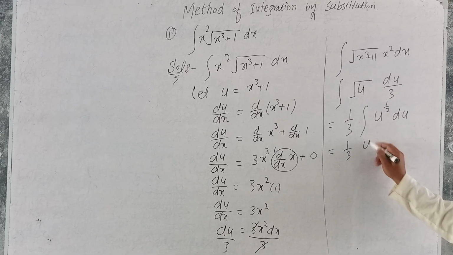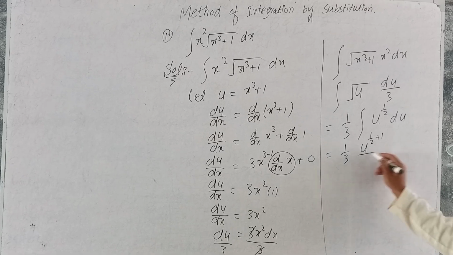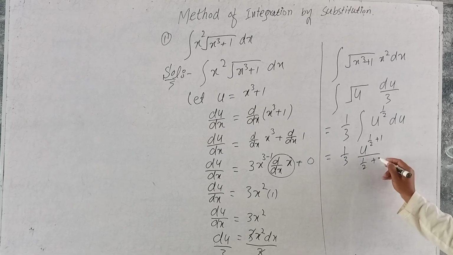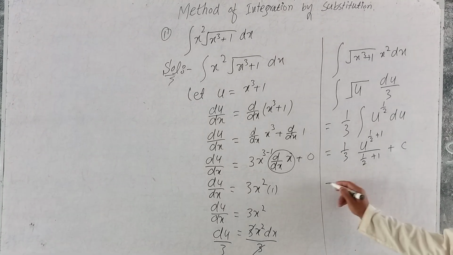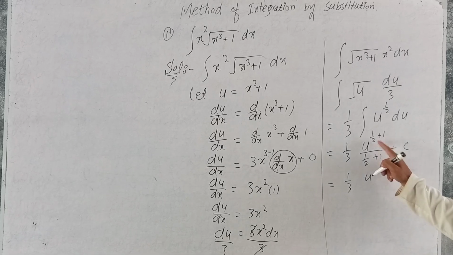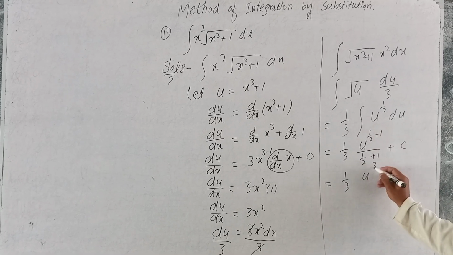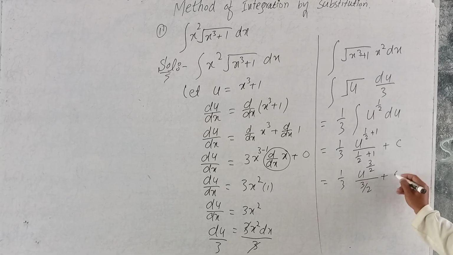This implies that the integral of u to the power 1/2 is u to the power 1/2 plus 1 divided by 1/2 plus 1, plus the constant of integration c. This implies 1/3 times u to the power 3 by 2, divided by 3 by 2, plus c.